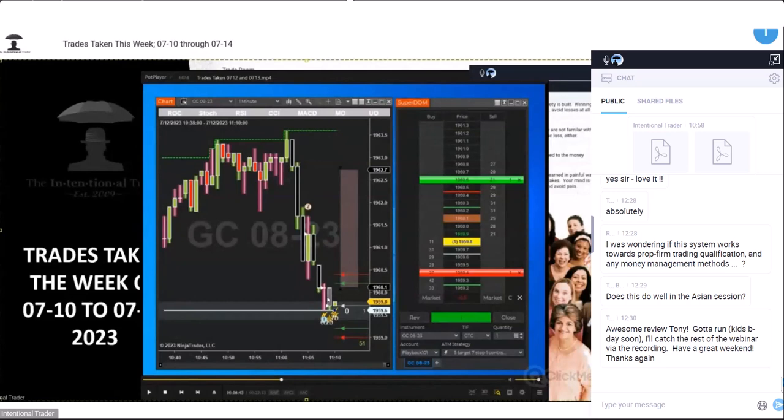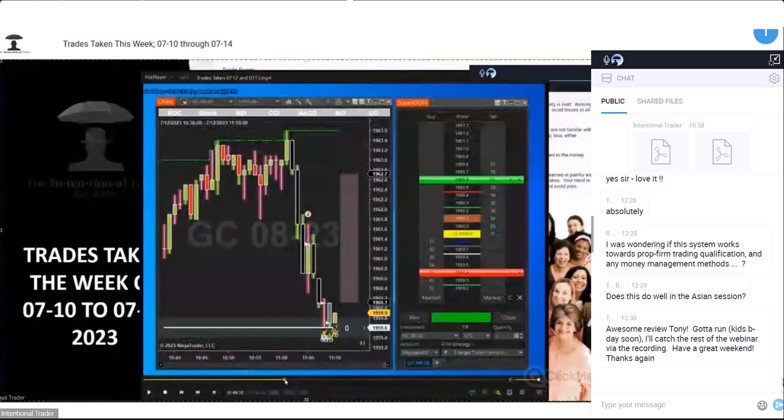We don't expect it to be perfect, but pretty much right now. When that doesn't happen, then we have to start rethinking and looking at this going, okay, we didn't get the bounce we were expecting. Let's wait for the open of the next bar and see what the conditions are, and then make a decision on whether we want to manage our stop or not.